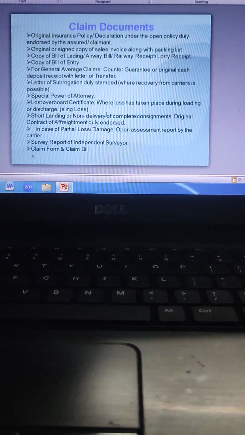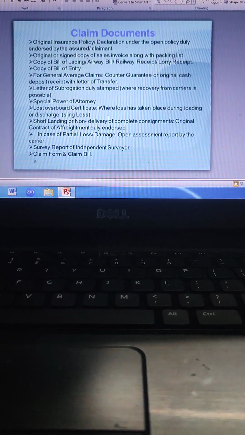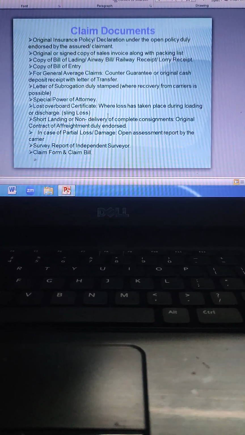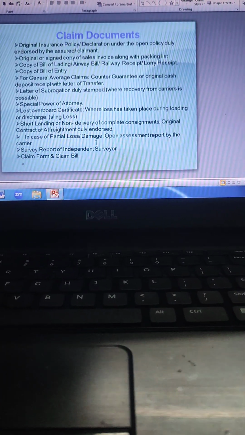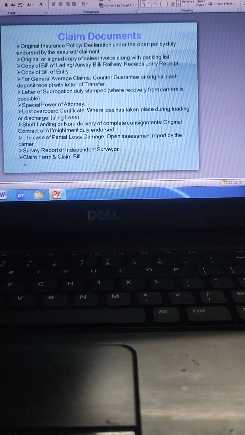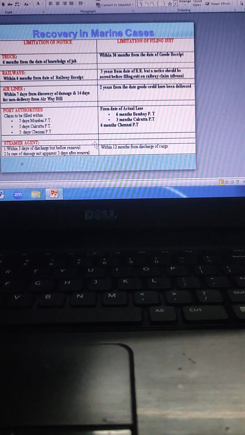For a general average claim, counter guarantee or original cash deposits, then letter of subrogation duly stamped, a special power of attorney, loss overboard certificate, short landing or non-delivery of complete consignment. In cases of partial loss or damage, the open assessment report by the carrier, then survey report of an independent surveyor, and claim form and claim bill are required.